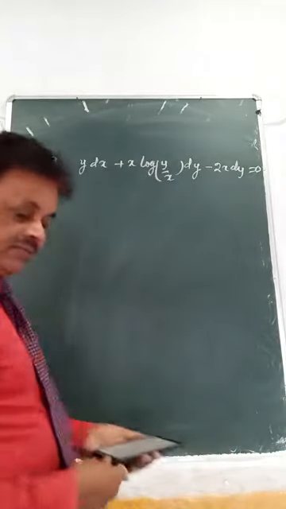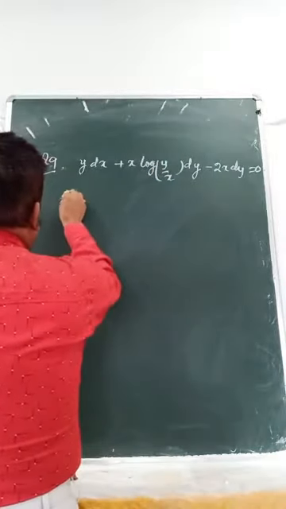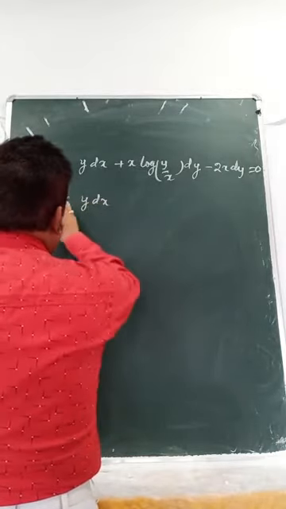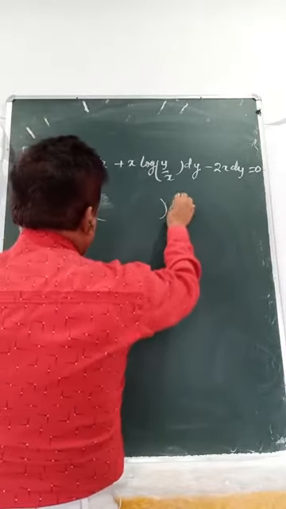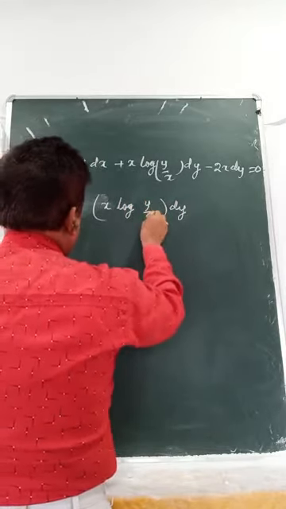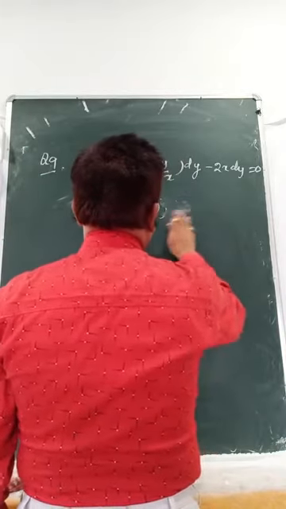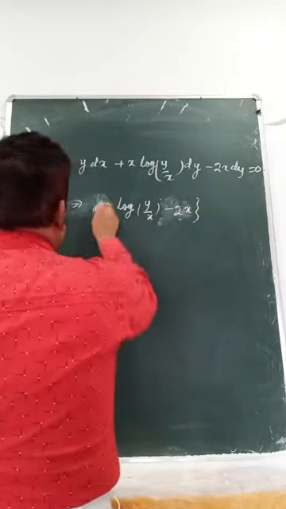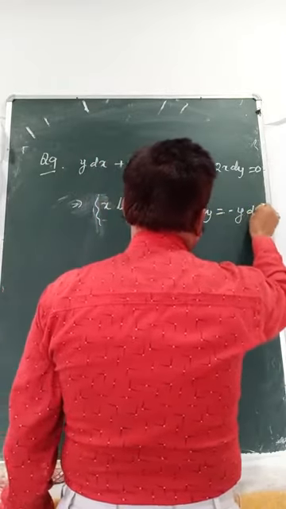Okay, so let's find out what is dy by dx. This implies y dx, or if I take this one to that side, then dy, x log (y by x) minus 2x dy equals minus y dx.